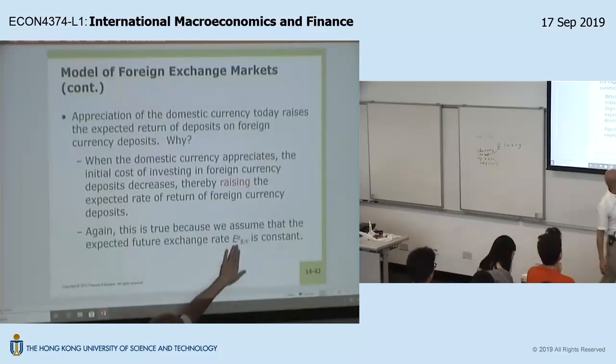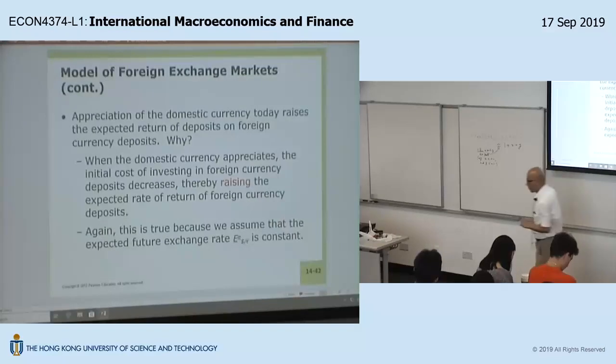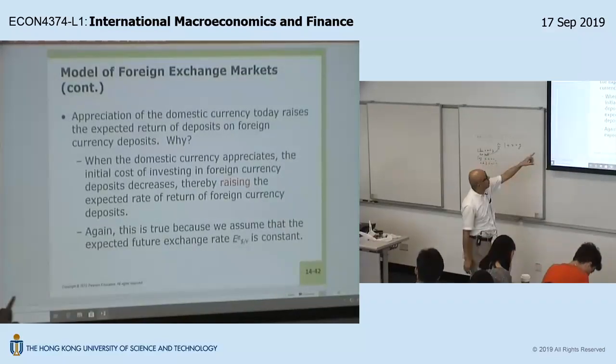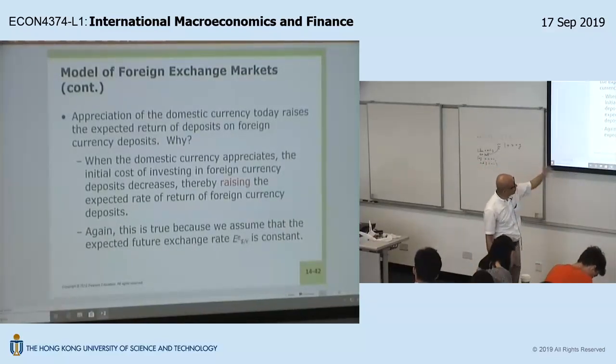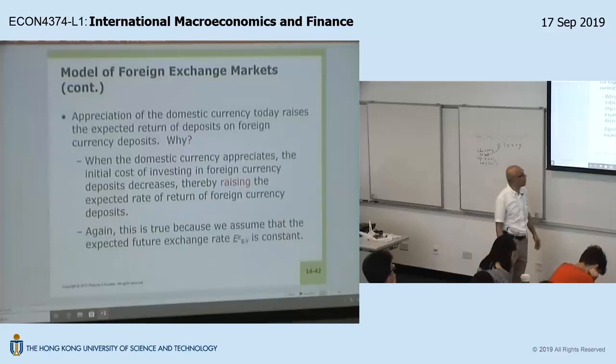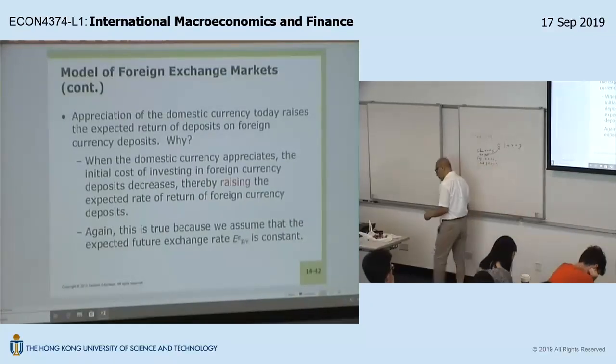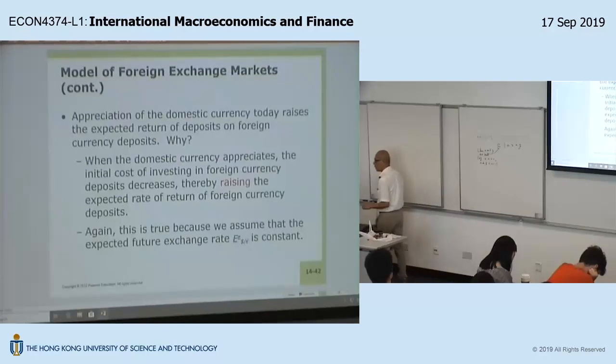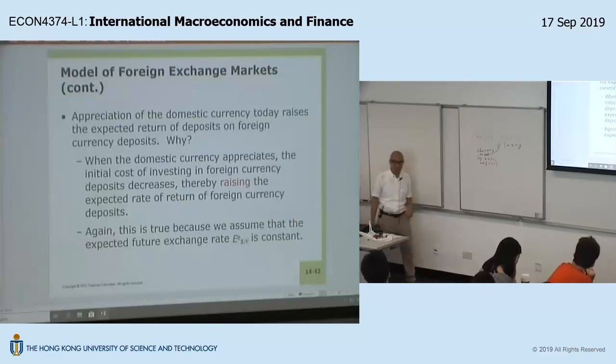It's this number, right? So therefore, the initial cost of investing in foreign currency decreases if the domestic currency appreciates today. It raises the expected rate of return of foreign currency deposit. So appreciation of the currency today actually makes foreign currency deposit more attractive.